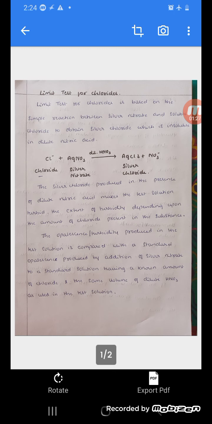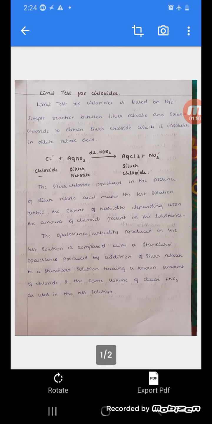The extent of turbidity depends upon the amount of the chloride present in the substance. If less chloride is present, less turbidity is produced. If more chlorides is present in the substance, then more turbidity is produced in the solution.